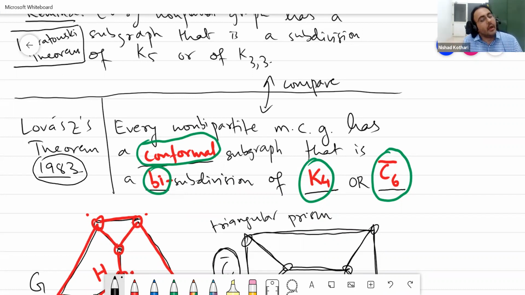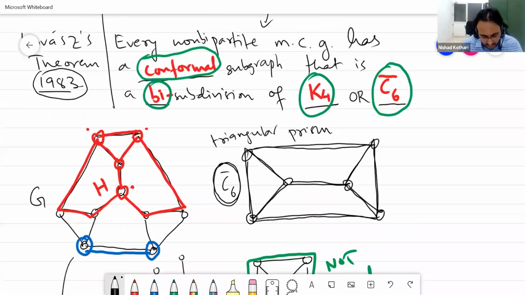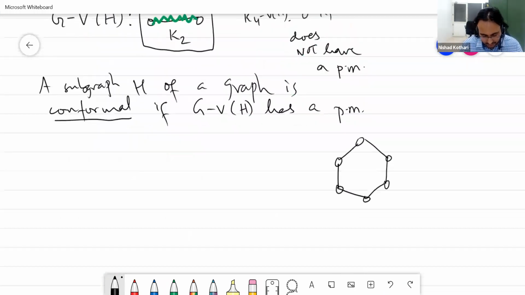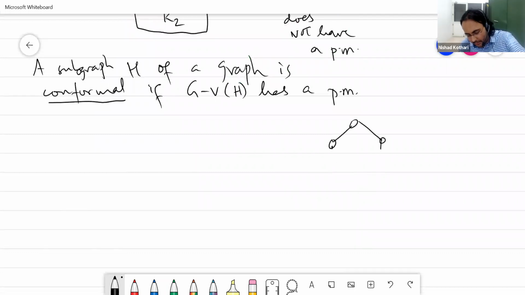Okay? But back in my PhD, we asked the following question. We know that every non-bipartite matching covered graph contains K4 or the triangular prism in this particular sense. It is a subgraph and the subgraph has to be a conformal subgraph and it has to be a bi-subdivision of K4 or prism. So now you can ask the question, which are the non-bipartite matching covered graphs that do not contain K4 or which ones do not contain the prism? Okay. So these are actually open problems.